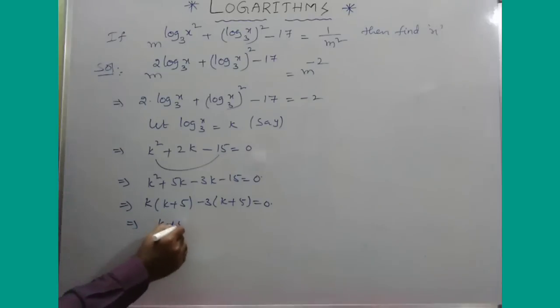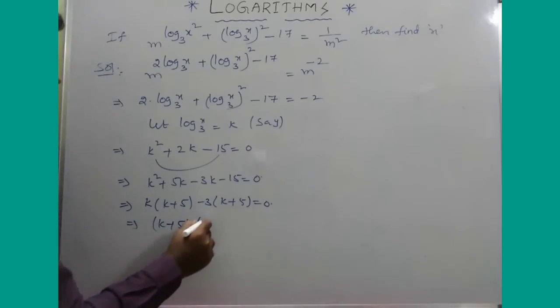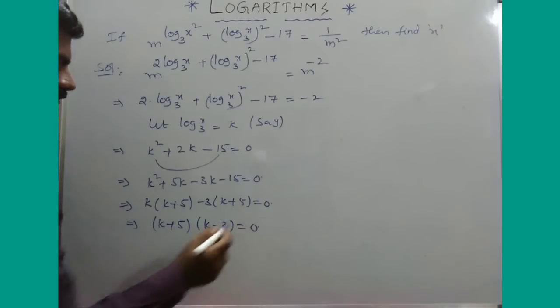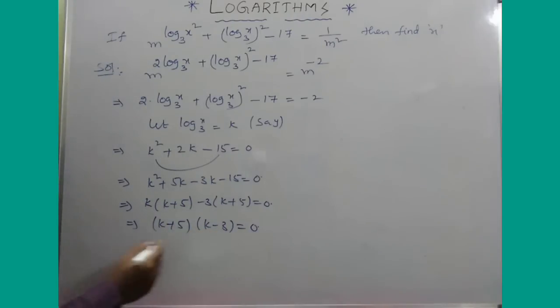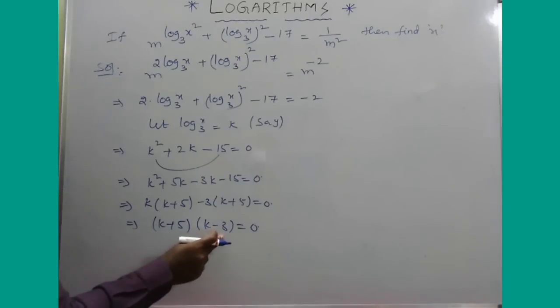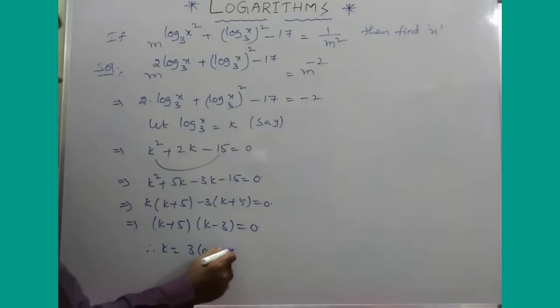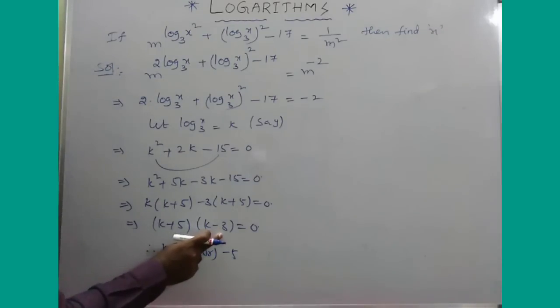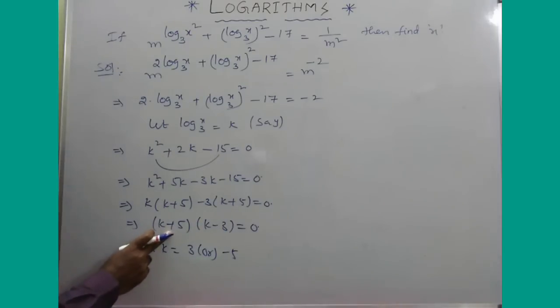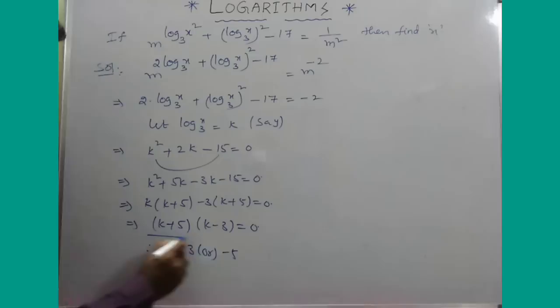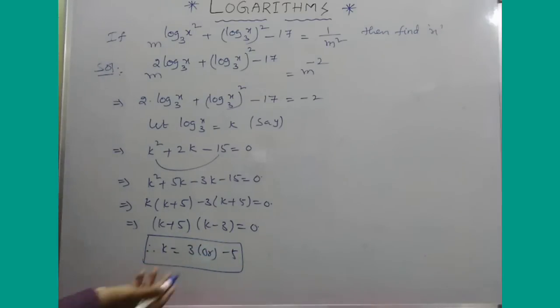So k plus 5 we can take common, and this is k minus 3. When the product of two numbers is 0, definitely any one of the numbers can be 0. So either k plus 5 is equal to 0 or k minus 3 is equal to 0. Hence k is equal to 3 or minus 5.